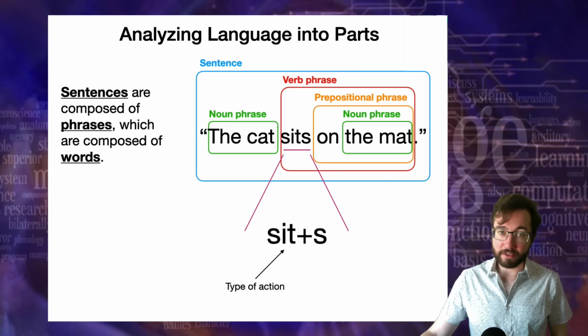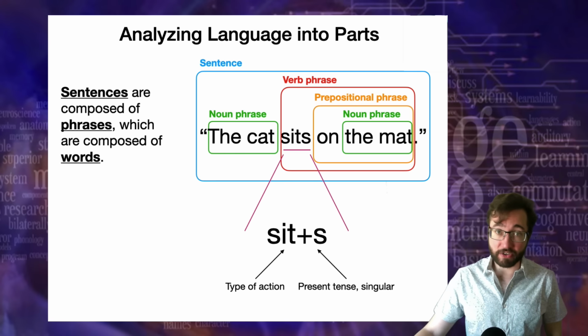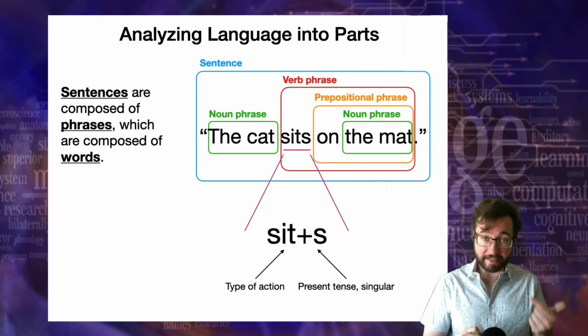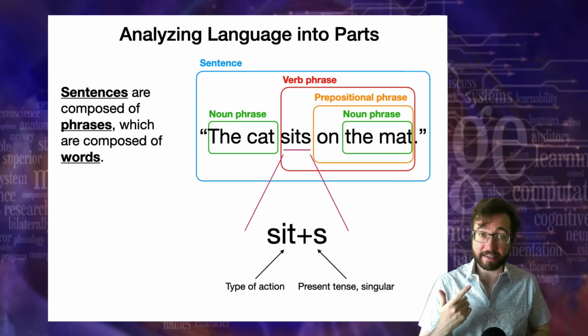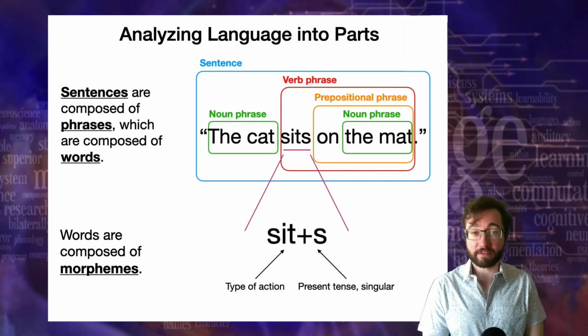So we have here one morpheme, sit, attached to another morpheme. The word sits consists of two morphemes, sit and s, where sit indicates the type of action, s indicates the present tense singular. So words are composed of these things called morphemes.